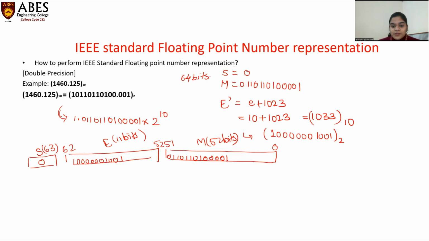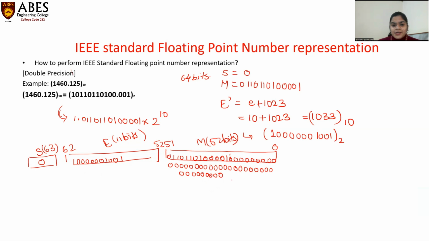We have 13 bits over here, so let's convert it to 52 bits: 14, 15, 16, and so on, up to 52. Now, this is the complete Mantissa in case of double precision.